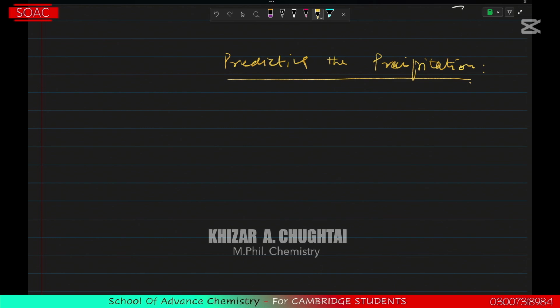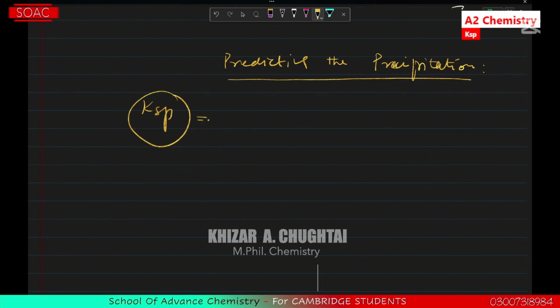Predicting the precipitation. Basically, with the help of Ksp answer, the value of Ksp also tells us the extent of ionization or the formation of precipitate.